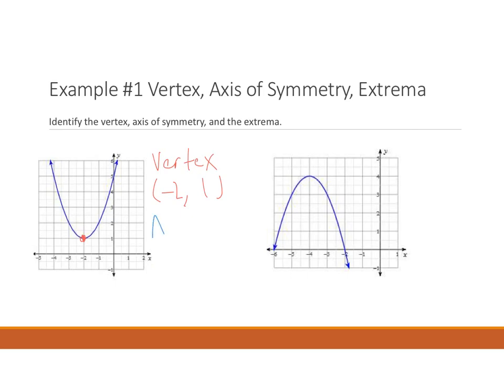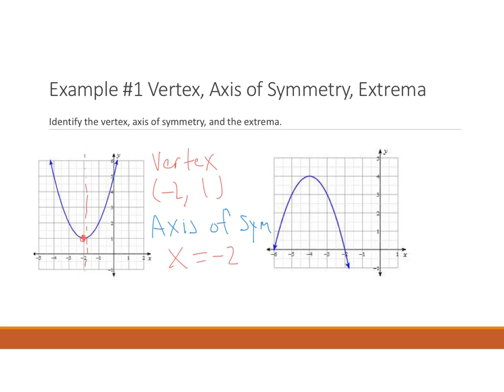Axis of symmetry. You can abbreviate symmetry to SYM. You need to make sure you write it as a line. X equals. It's the invisible line that if I drew, it would cut the parabola in half. If you note, it will go through the vertex. So it's going to cut the parabola in half at x equals -2.